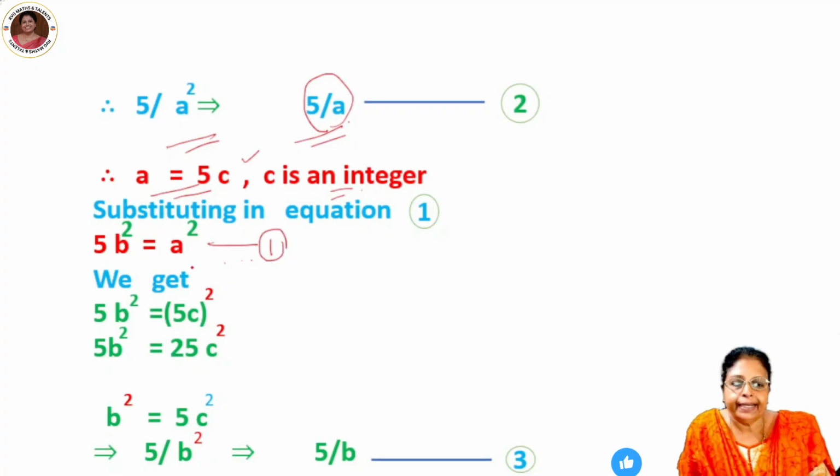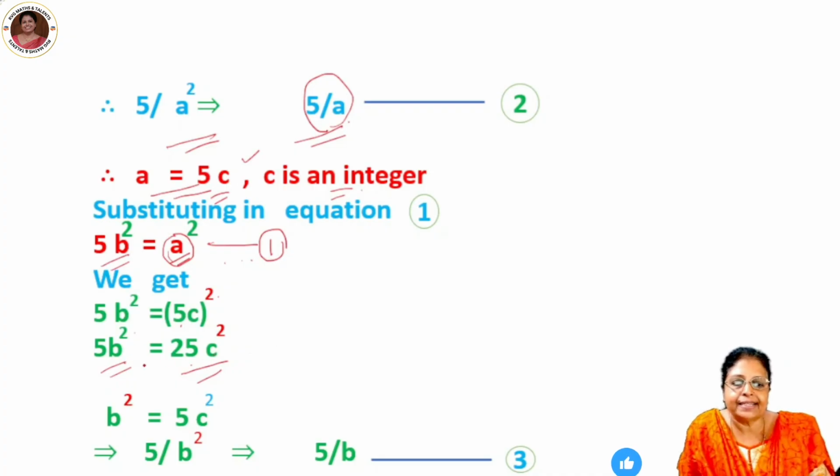In this equation, instead of this a, we are substituting 5c. Then what we will get? 5b square equal to a becomes 5c, so 5c whole square. Then you can write 5b square equal to 25c square. Are you following?